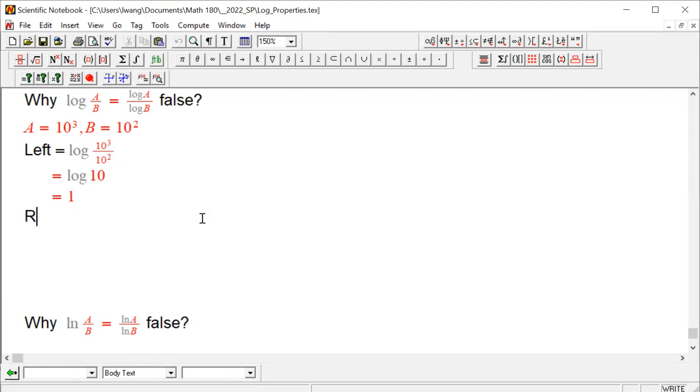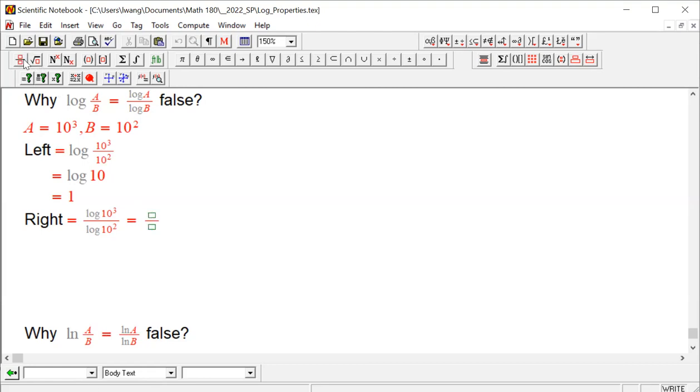Let's look at the right-hand side. A is 10 to the power 3. B is 10 to the power 2. Okay, so that equals to what? 3 over 2. 3 over 2 obviously is not equals to 1.